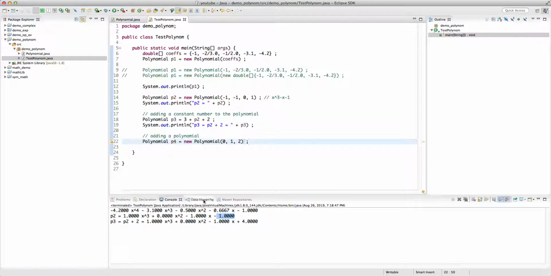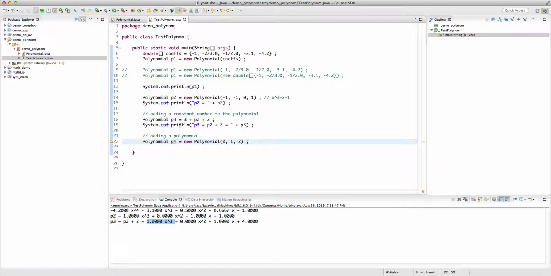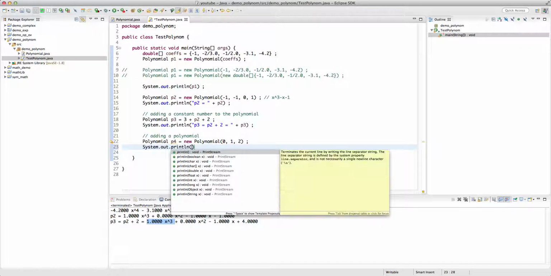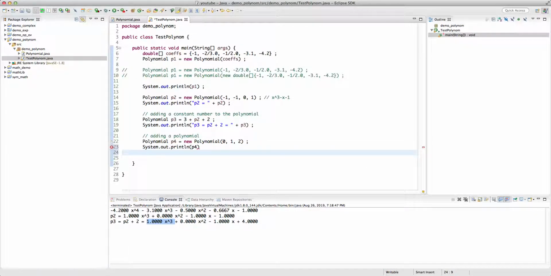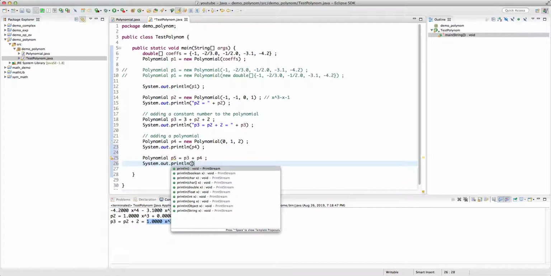So p3 is x cubed, the degree is 3, or p3 is third order, p4 is basically second order, and then polynomial p5 is p3 plus p4. And system.out.println p5.